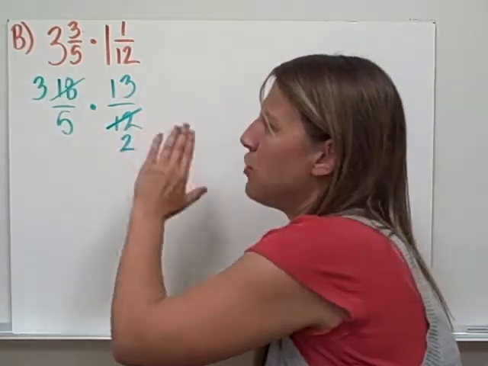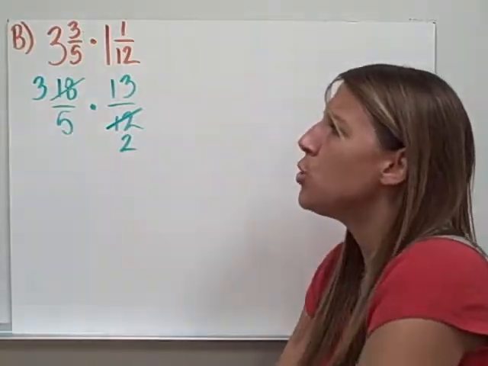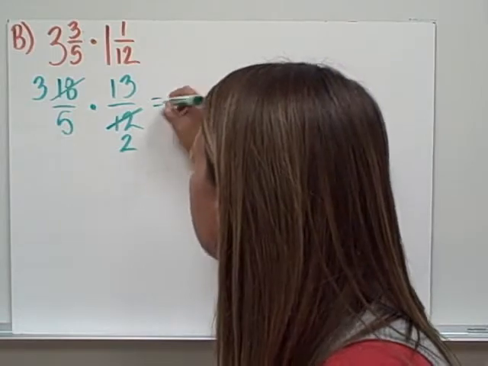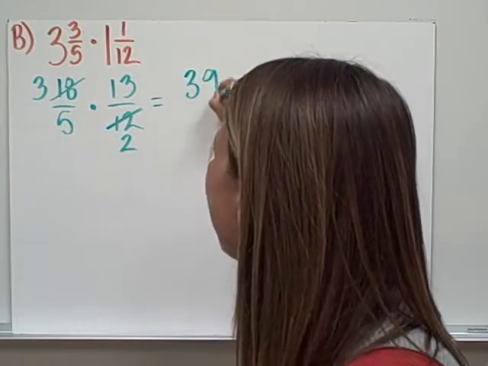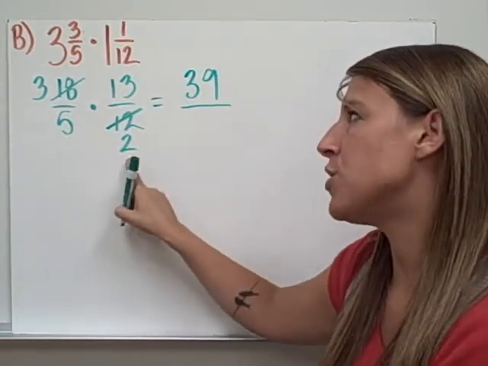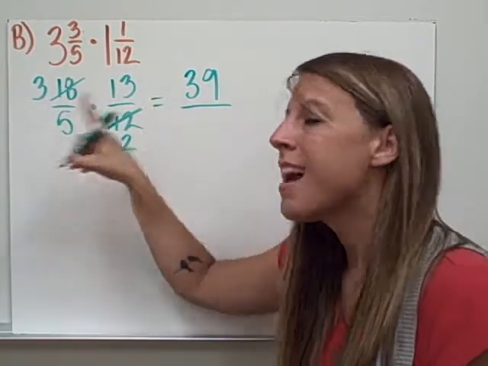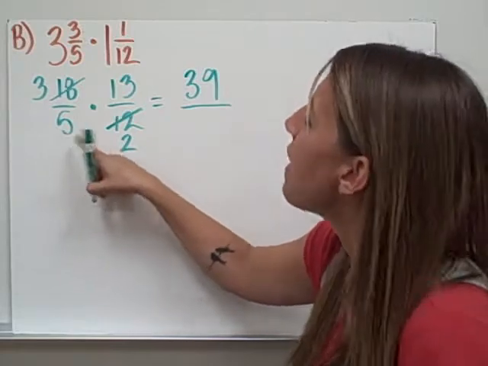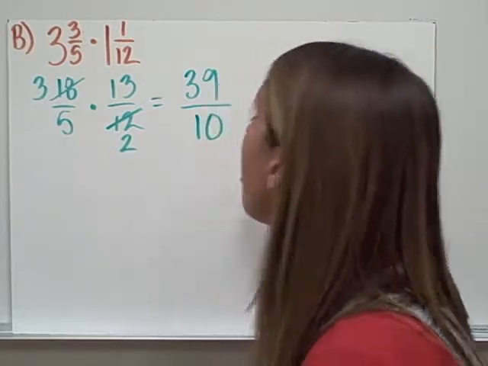Now I've changed 18 to 3 and 12 to 2. It's going to be so much easier to work with. So 3 times 13 is going to come out to be 39. And then 5 times 2, because I multiply my numerators first, then I multiply my denominators. 5 times 2 is 10.